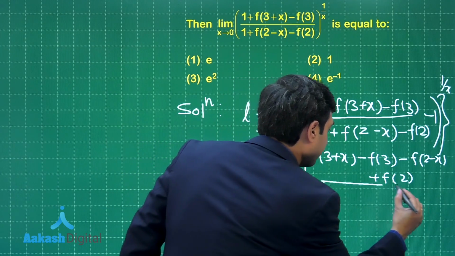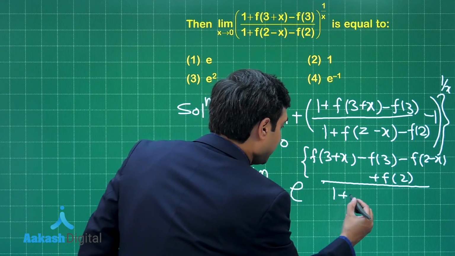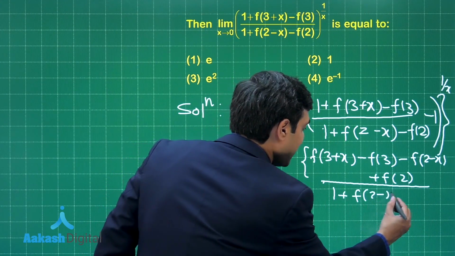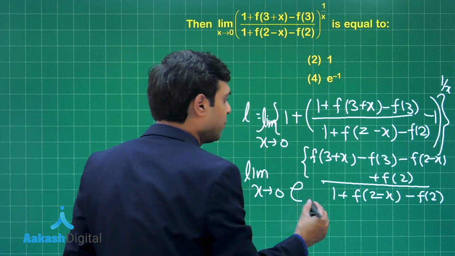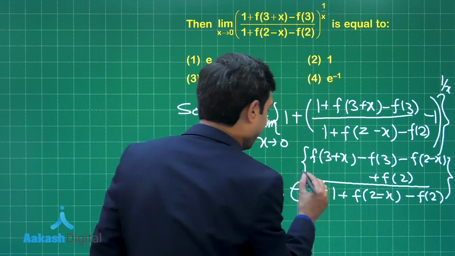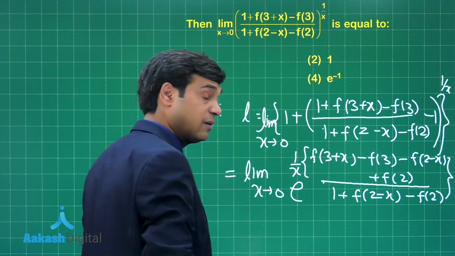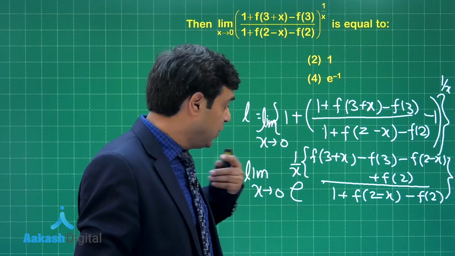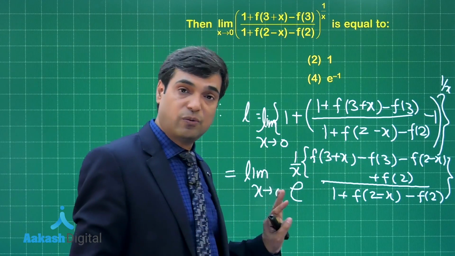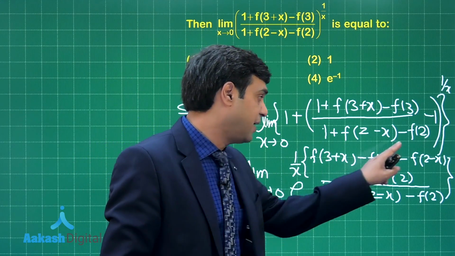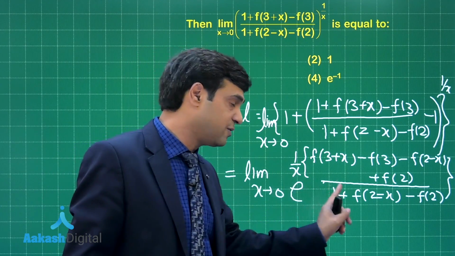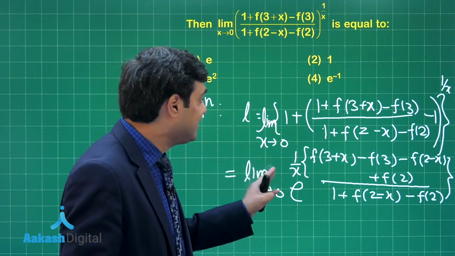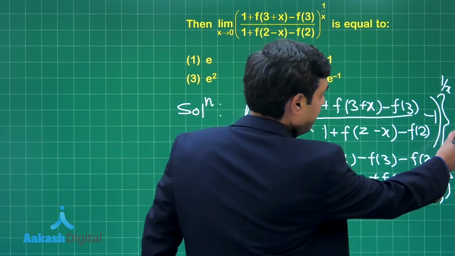Divided by 1 plus f(2 minus x) minus f(2), and the whole thing is multiplied with 1 by x. This is clear. We know on applying limit it is 0 by 0 form, because we already know f(3) minus f(3) minus f(2) plus f(2) is 0. Denominator we can see it is already 0. So we have 0 by 0 form over here.